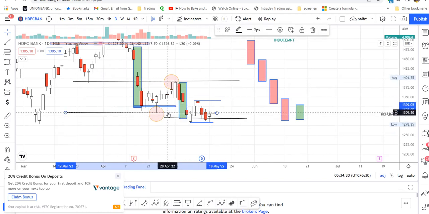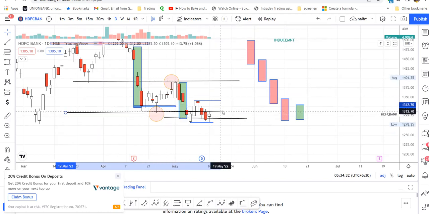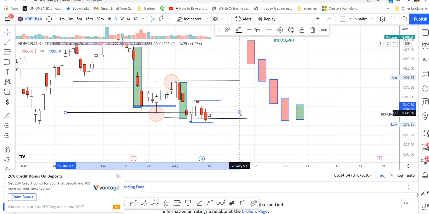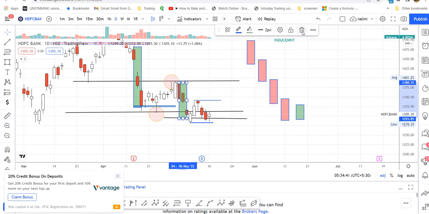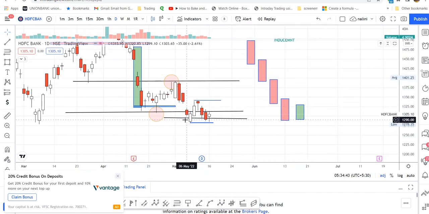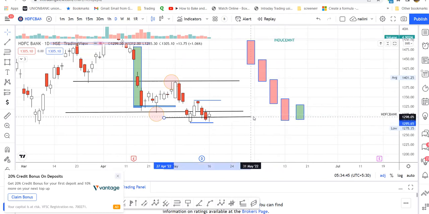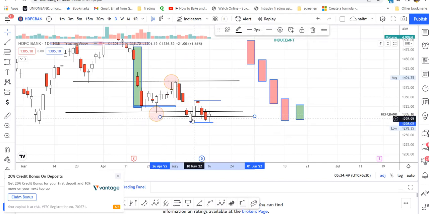So price came below this range, below this range 3 candles, and there is a manipulation of this green candle pushing below this level and it started moving.